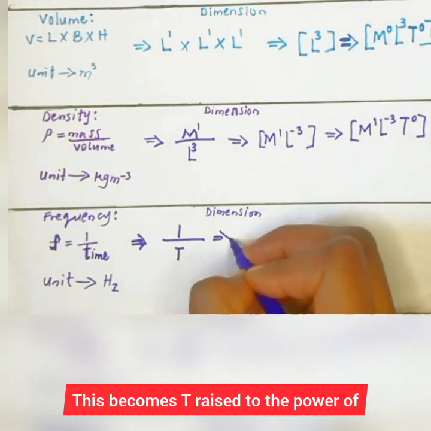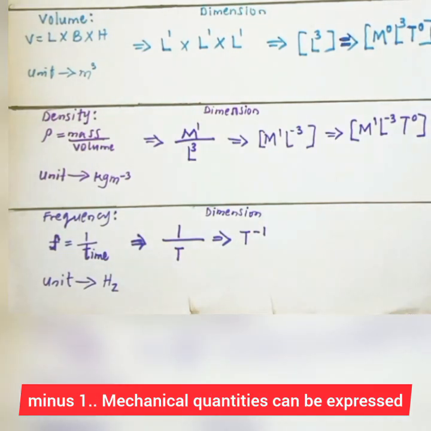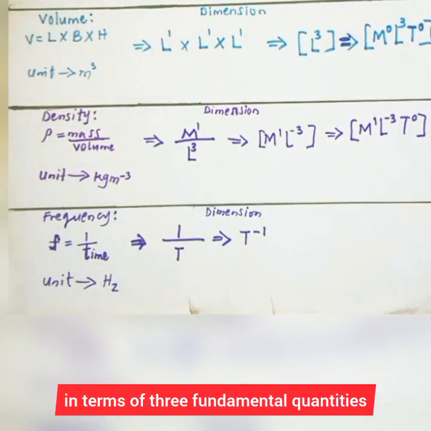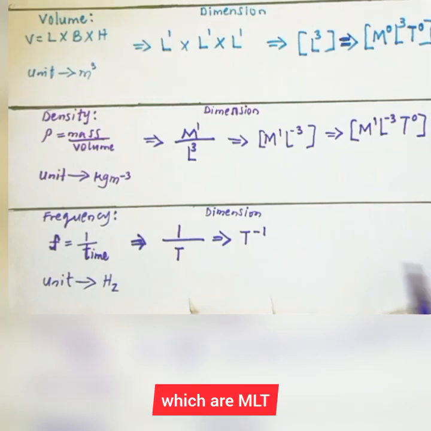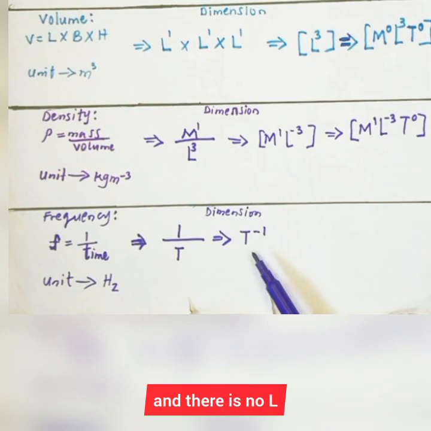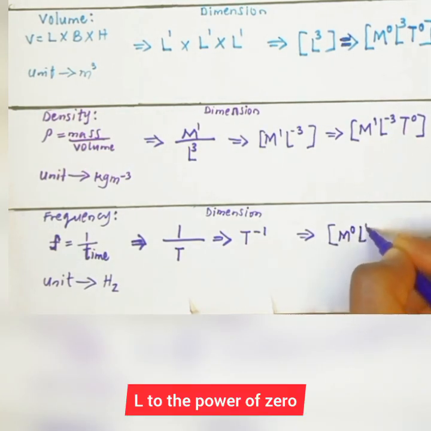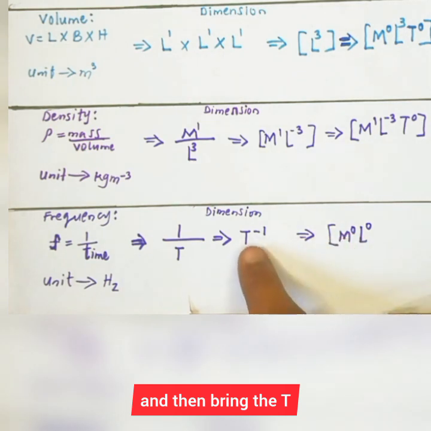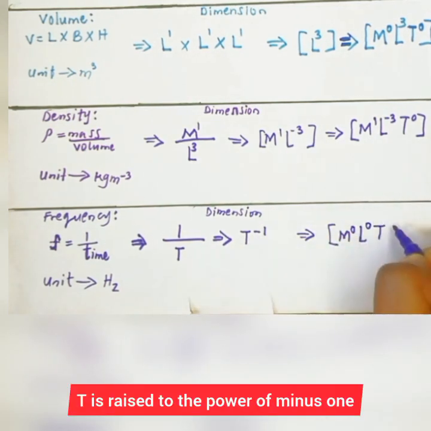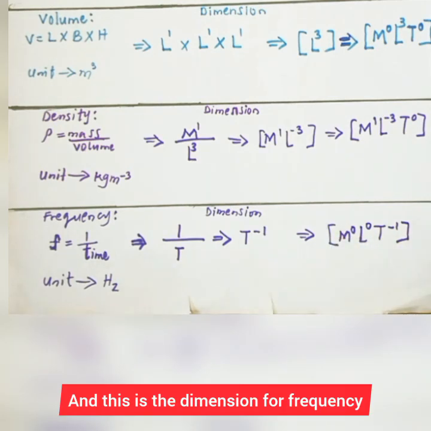So this becomes T raised to the power of minus 1. Mechanical quantities can be expressed in terms of 3 fundamental quantities, which are M, L, T. Since there is no M and there is no L, I can make the M to the power of 0, L to the power of 0, and then bring the T raised to the power of minus 1. And this is the dimension for frequency.